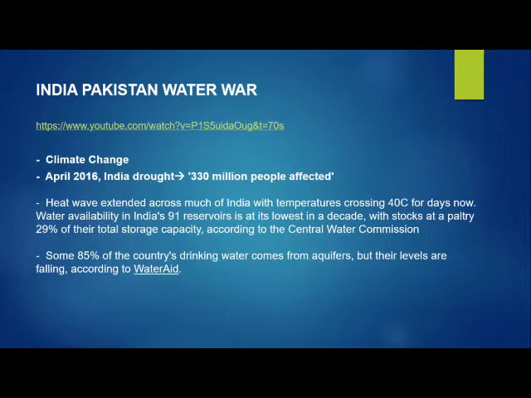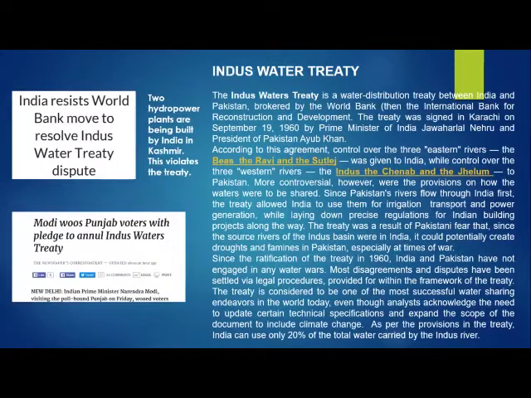When this happened in 2016, there was a crisis in India. And so it's really unfortunate that right now, instead of working together to solve these problems and working as neighbors to help each other out in difficult times, water is actually being used as a potential weapon against each other.